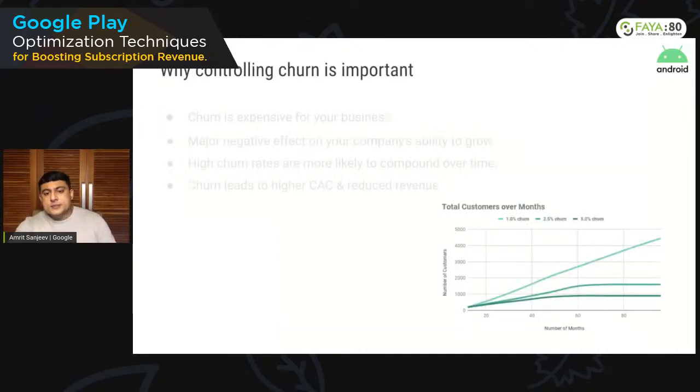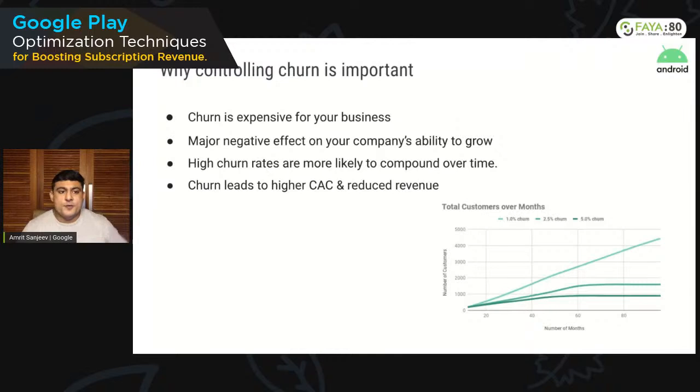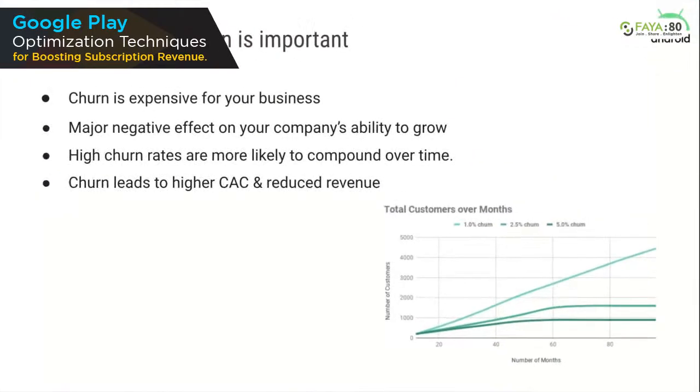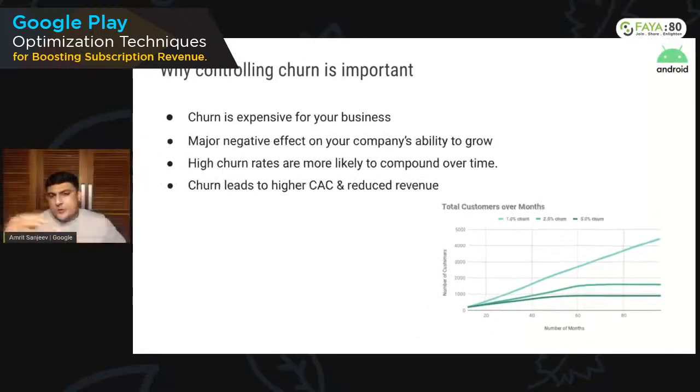Now, why this is really important, I just want you to look at this graph for a second. That first line, the light green line going up, is 1% churn. If your application has 1% churn, there's continuous growth. You're acquiring customers over a period of time, and that does not fade off. You continue to grow your user base. But imagine when that 1% churn becomes 2.5% churn.